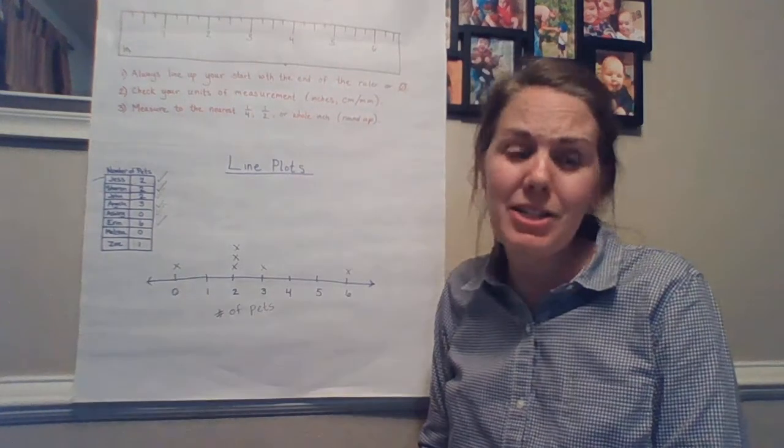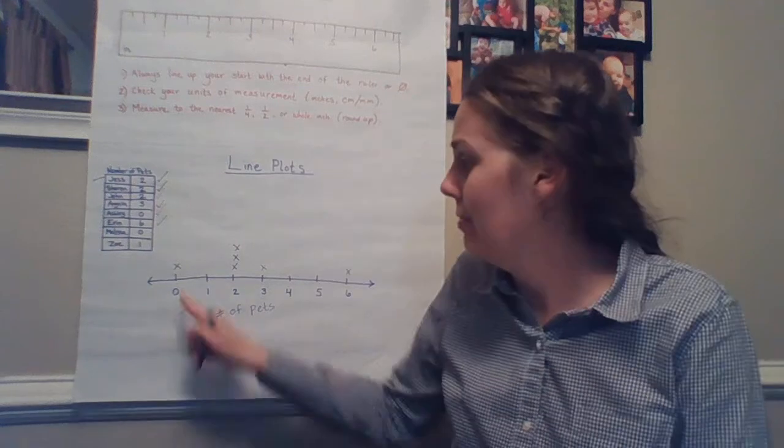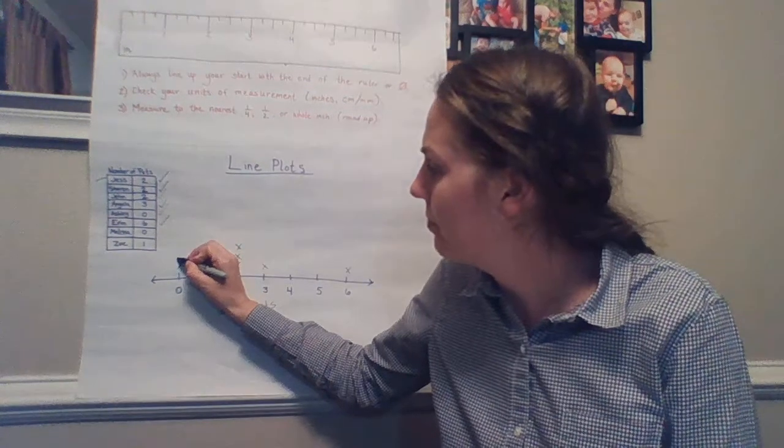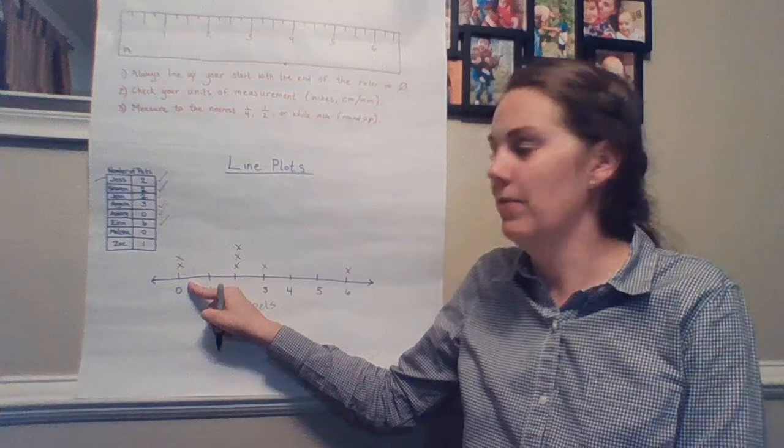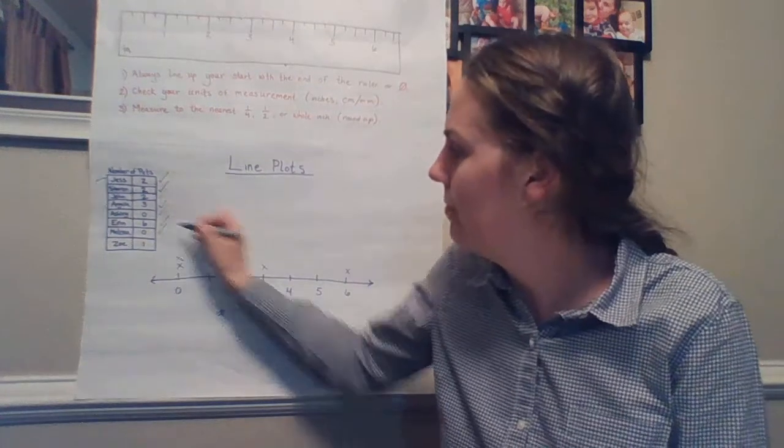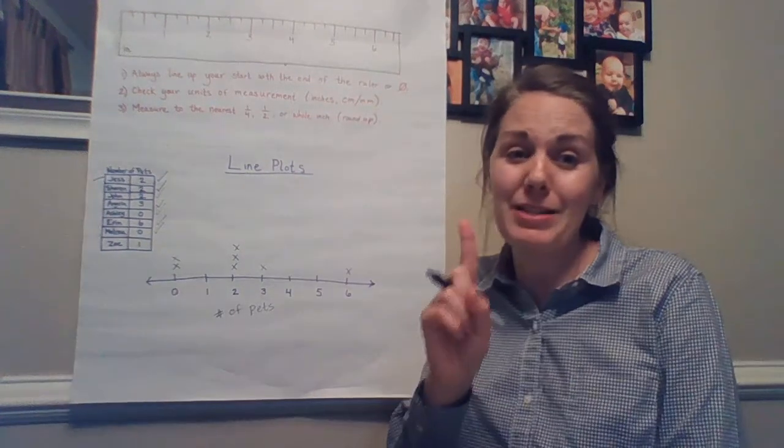Now my friend Melissa, she also doesn't have any pets, so I'm going to mark another X over my 0 for 0 pets and cross her off. And my friend Zoe, she only has 1 pet.